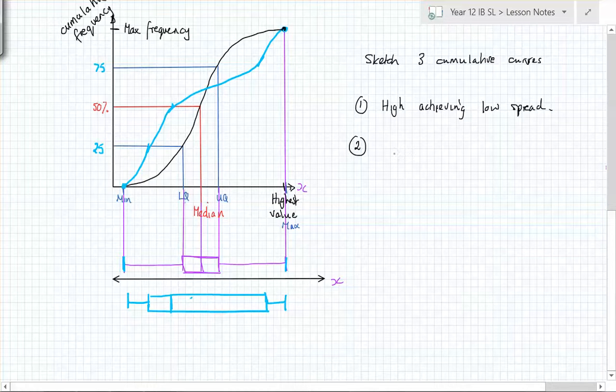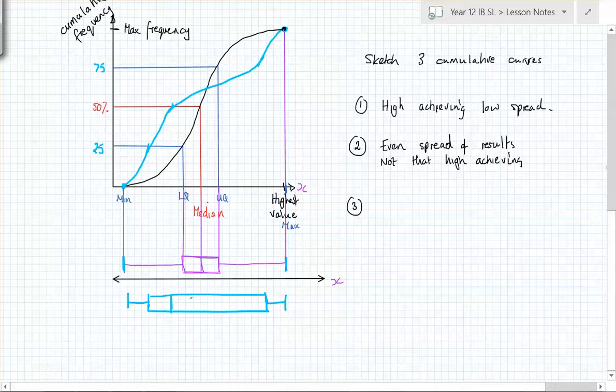Second one, you're going to show me an even spread of results, but not that high achieving.